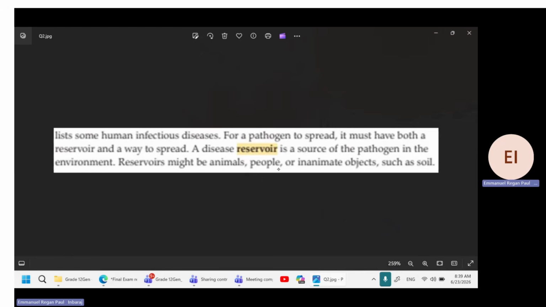So all these can be a reservoir. The keyword you should remember is source of pathogen. If you see these words, definitely write the answer as reservoir. Don't forget.